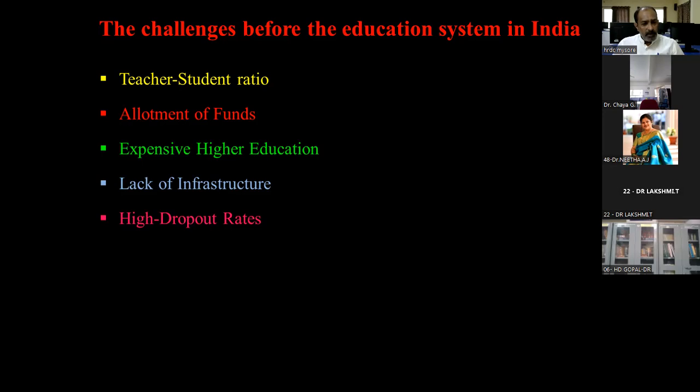That means we find less enrollment for post-graduation and for higher courses. That's what high dropouts means. You will see statistics given by the recent survey. And another is the neglect of regional languages.